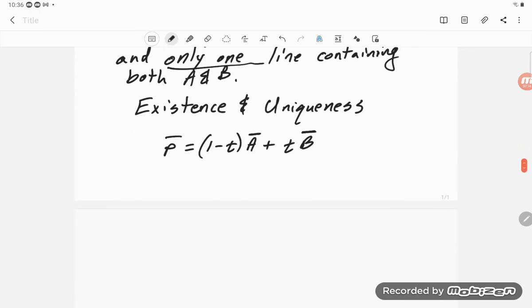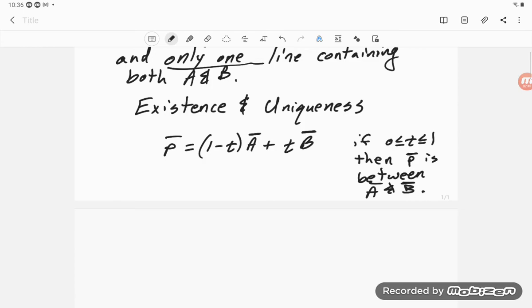And what I like is, in this form, if 0 is less than or equal to t is less than or equal to 1, then P is between A and B. So it's actually in between them.